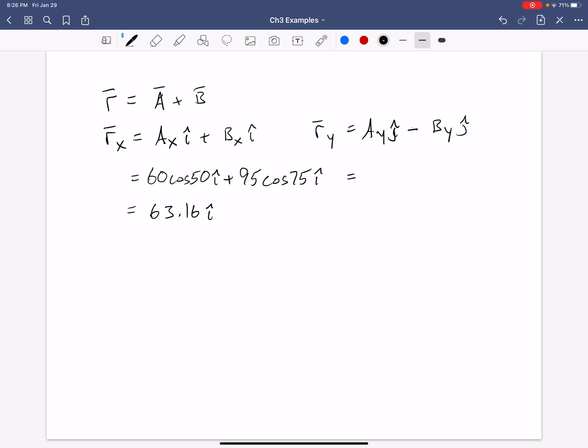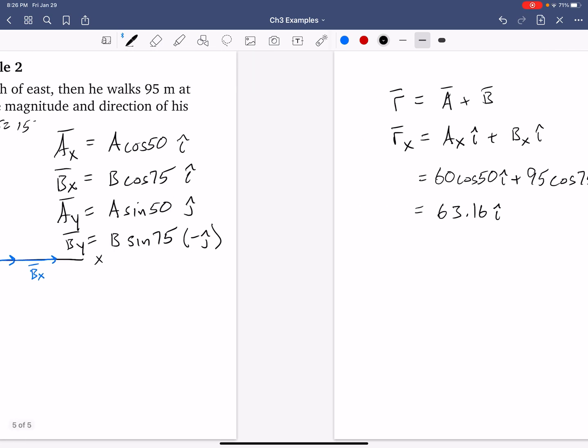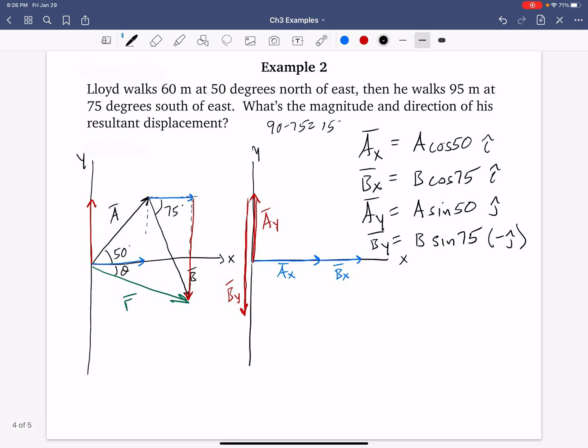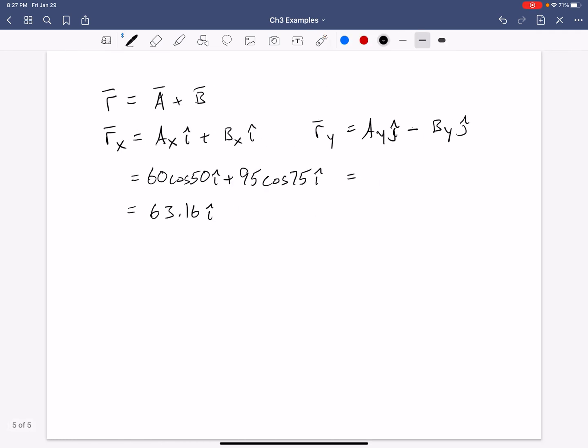For Ry, Ay is equal to the magnitude of A, which again was 60, times sine 50, j hat, minus now magnitude of B, which was 95, times sine of 75.